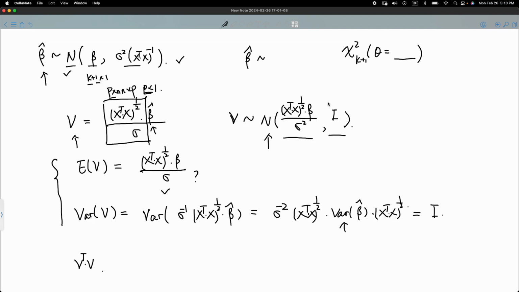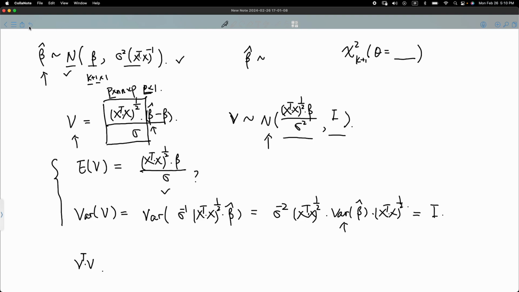So do you still remember the difference between this approach and deriving the central chi-square? You need to multiply by something here to center the mean vector.